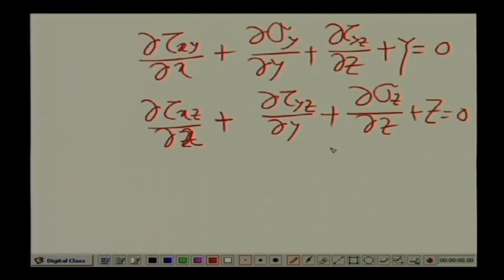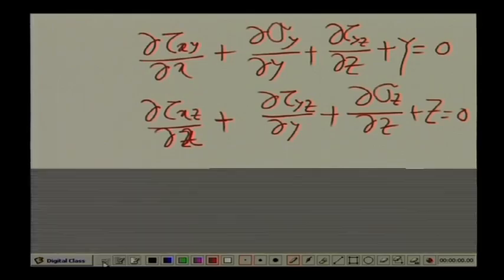So, these are called the equations of equilibrium.